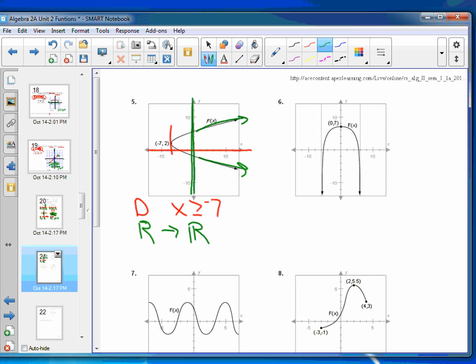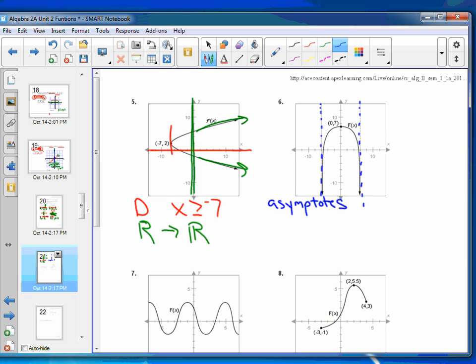All right, now when we get to this, I have to bring up a new word. See these dotted lines here? I don't know if you've seen those before in math, but there's a name for those dotted lines. We call those asymptotes.